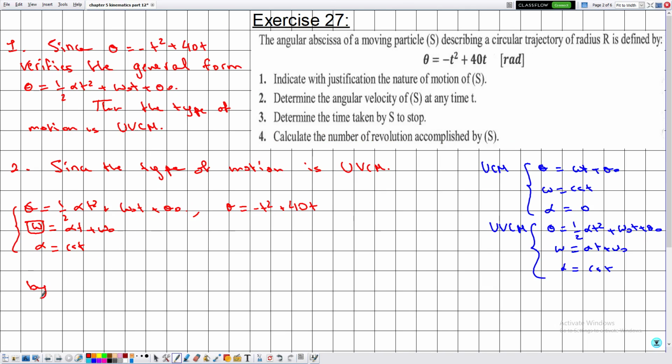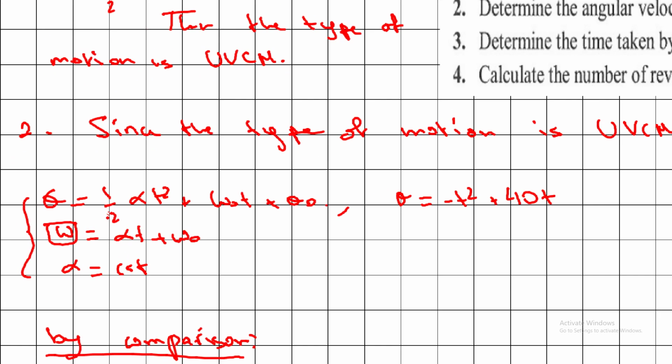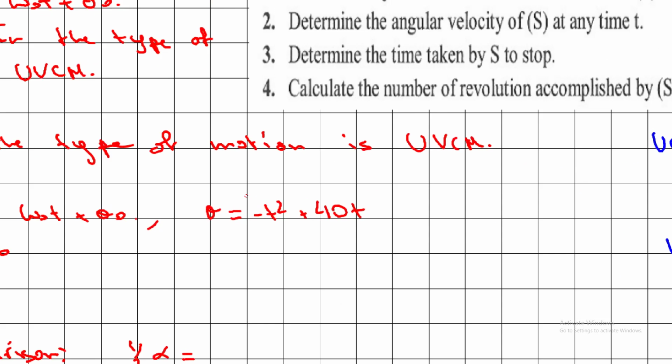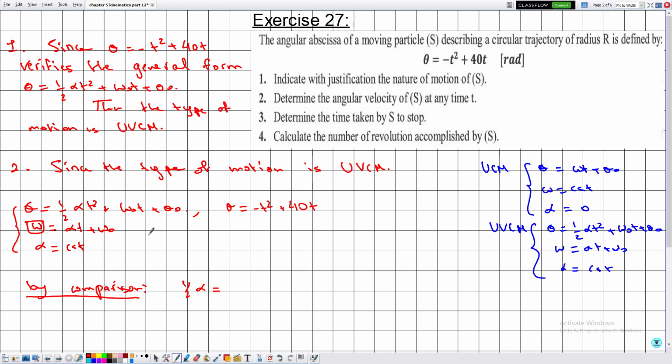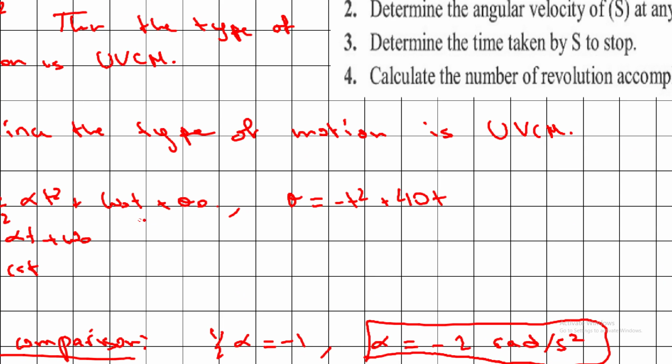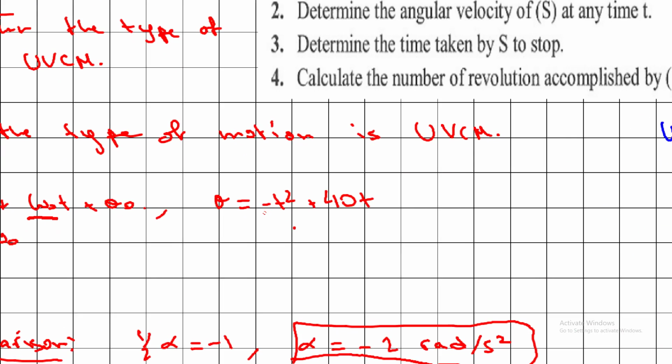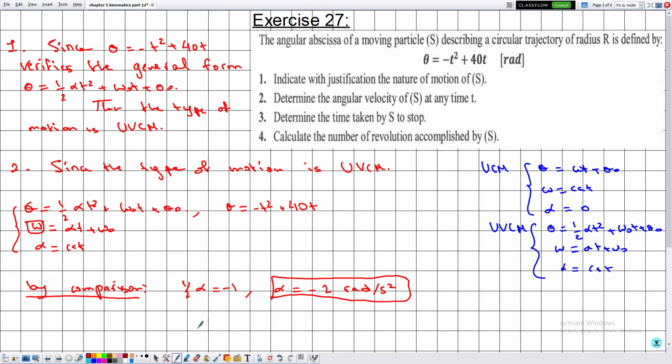So by comparison, we get that half alpha is equal to minus 1, comparing the quadratic terms, which means that alpha is equal to minus 2 radians per second square. Now as for omega 0, comparing linear terms, you have that omega 0 is equal to 40 radians per second.